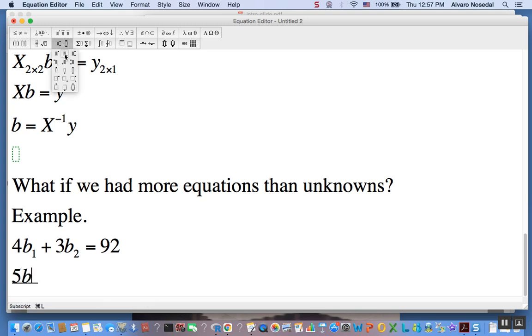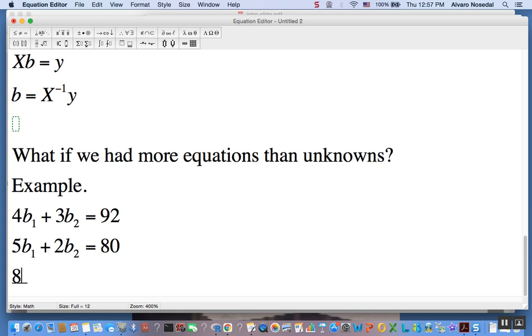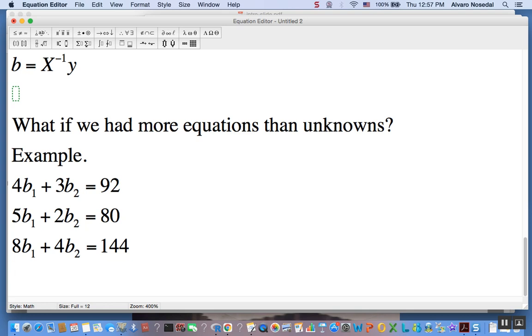Then 5b1, sorry, plus 2b2, that would be the next one, and then 8b1 plus 4b2 equals 144. So we have 3 equations and only 2 unknowns.